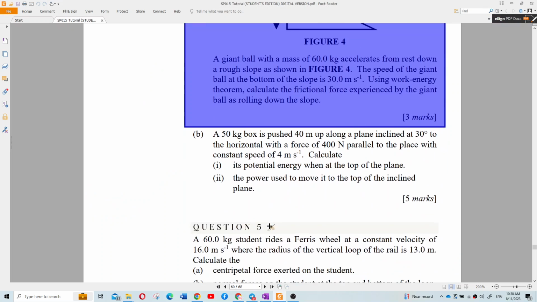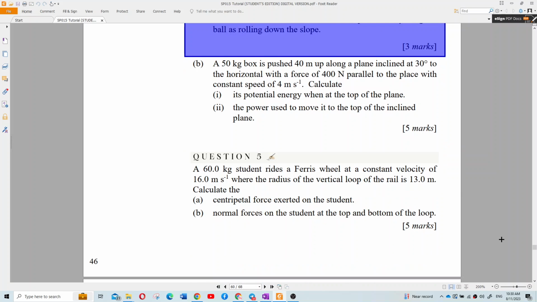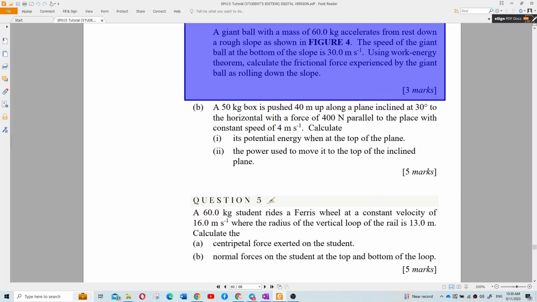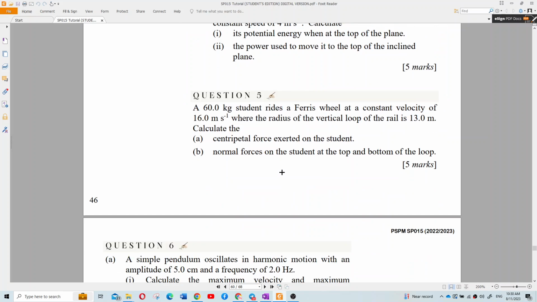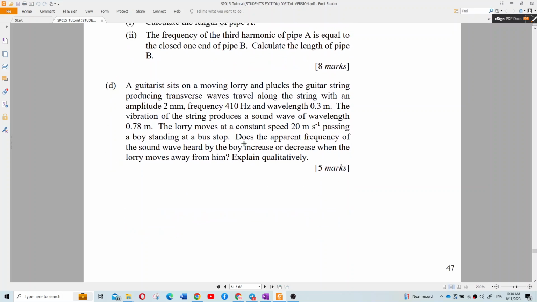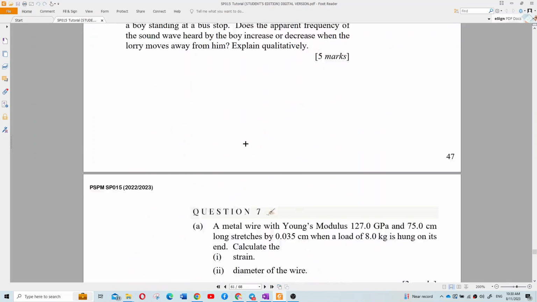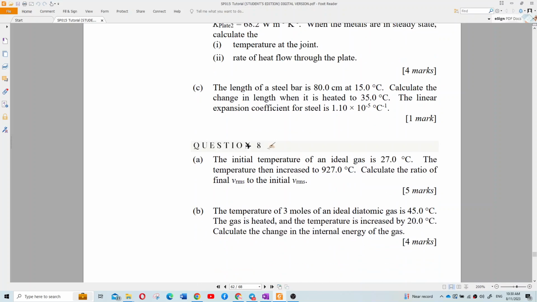For B, I think we finish at B. I know some of you, including me also, are getting tired. Okay, I will continue question 5, 6. Wow, 6 is such a long question, huh? 7.